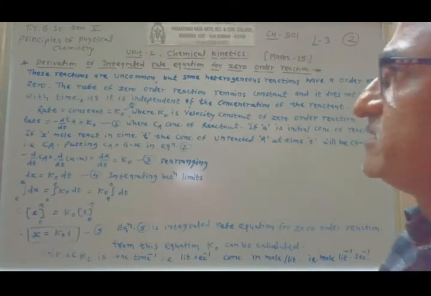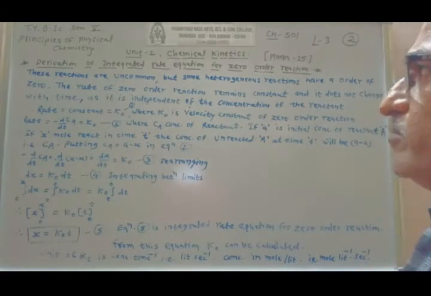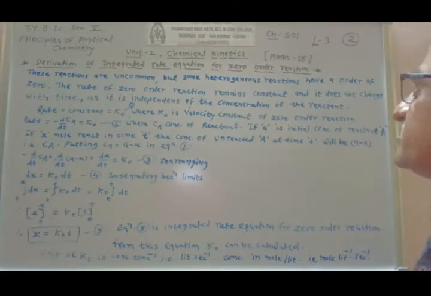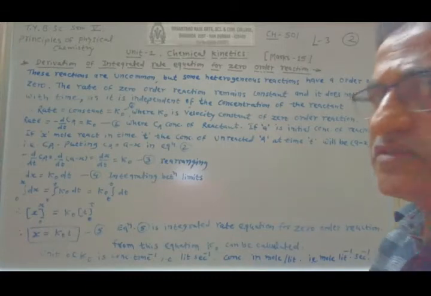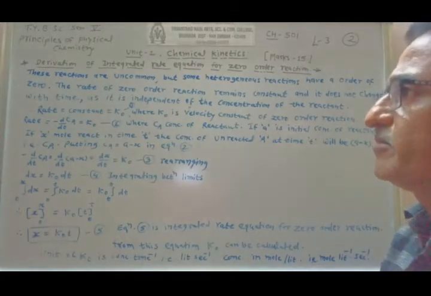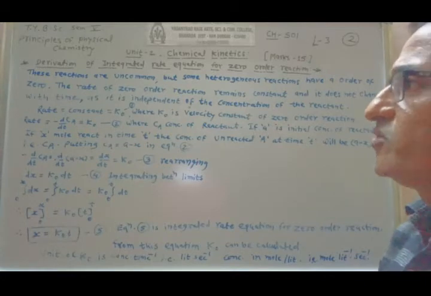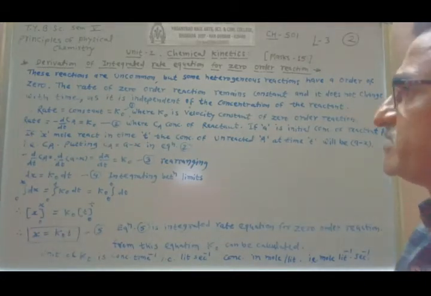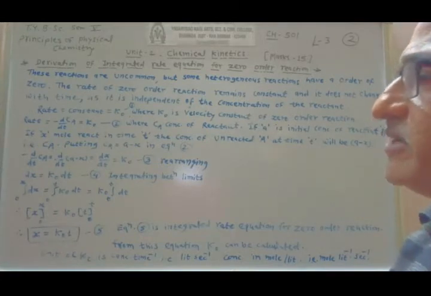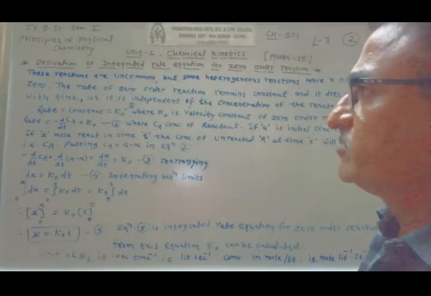These reactions are uncommon, but some heterogeneous reactions have order 0. A heterogeneous reaction means a reaction taking place in more than one phase. So some heterogeneous reactions have order 0.